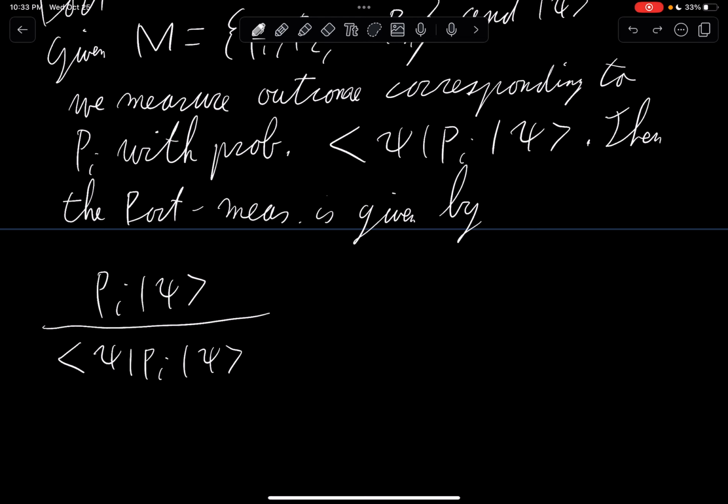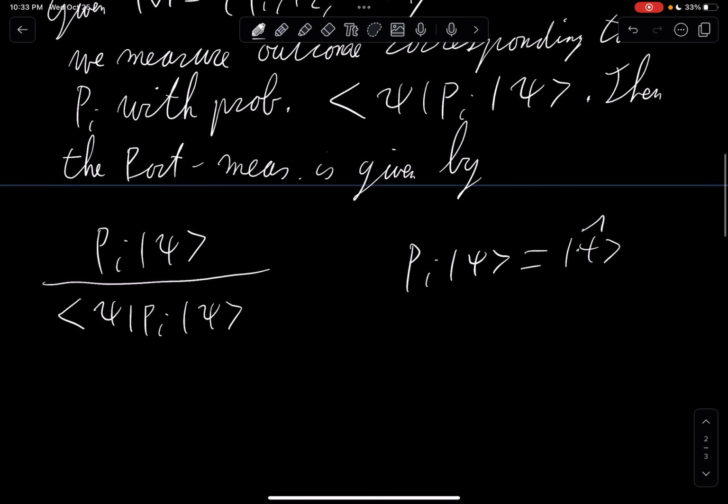Then we'll end up with a new vector. And this vector will not be a state in general because it's not normalized. Let's call this psi hat. Just add a little hat to it.